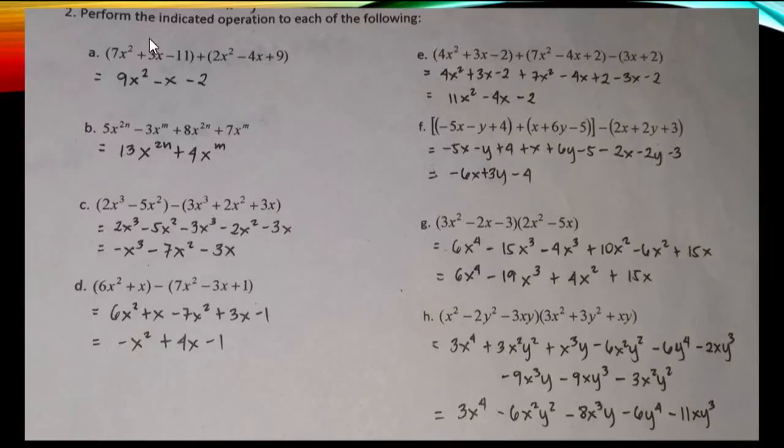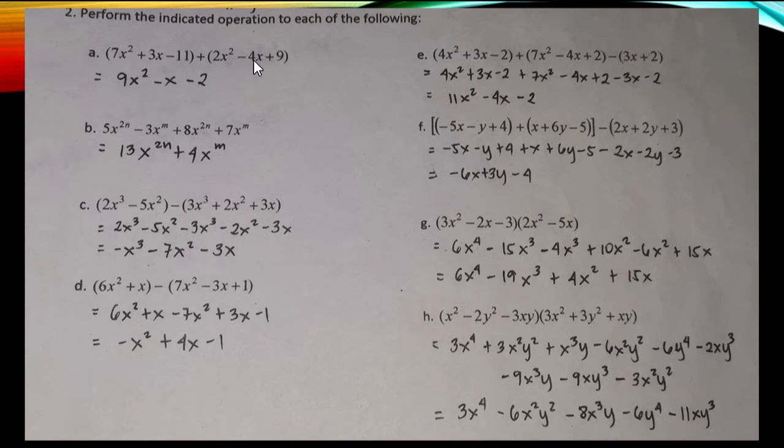Number 2. Perform the indicated operation to each of the following. A. 7x squared plus 3x minus 11 plus 2x squared minus 4x plus 9. So this is just combining like terms. So 7x squared plus 2x squared, they are like terms, so that is 9x squared.